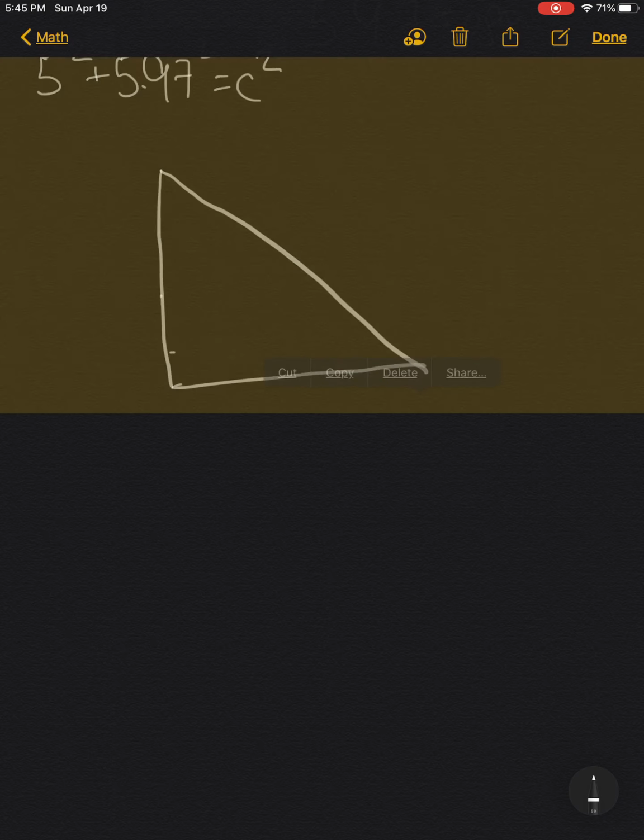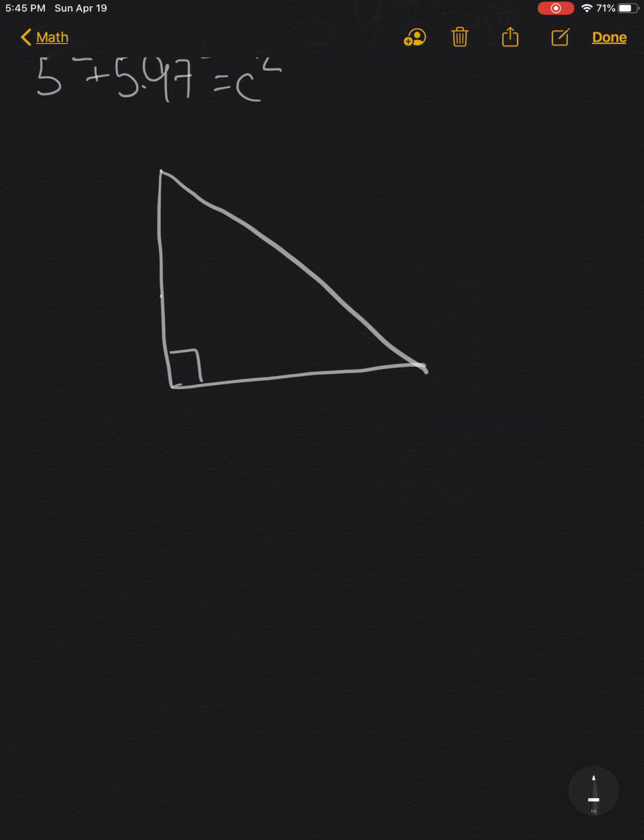Okay, so let's say you had been given a triangle, but you didn't know the angles. Let's say you had just been given sides. So for example, let's say they had told you that you had 5 here and 5.97 here, and you didn't know what these were.